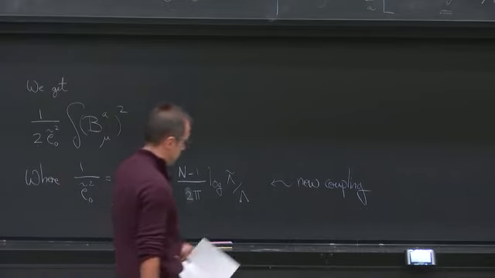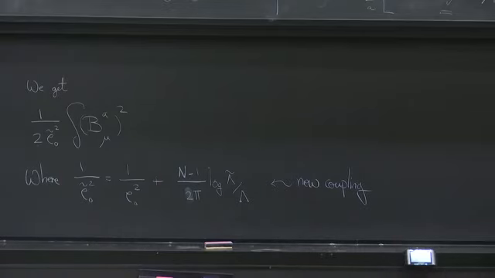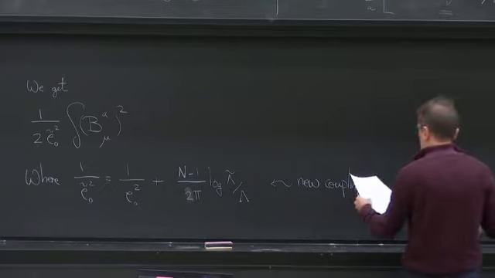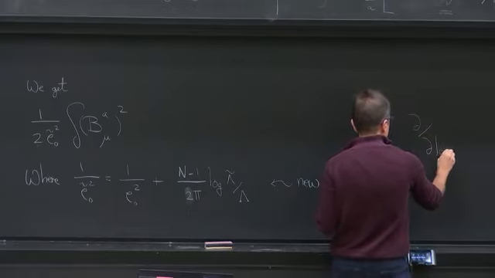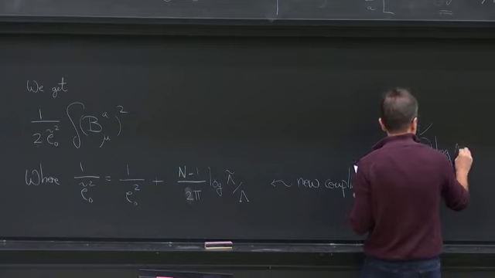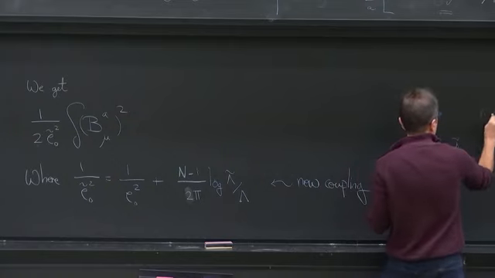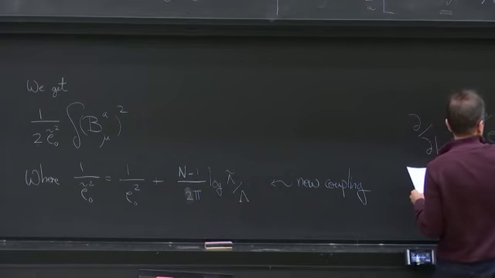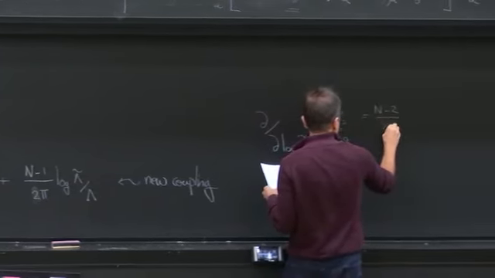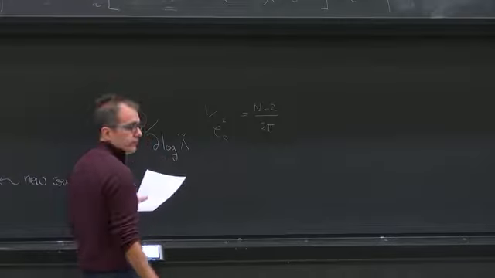And in particular, it's useful to write it in the following form. This equation, you can easily see that this means that the derivative with respect to the logarithm of the cutoff of 1 over E0 square is equal to n minus 2 over 2 pi, right?